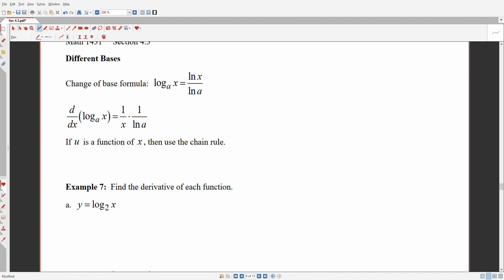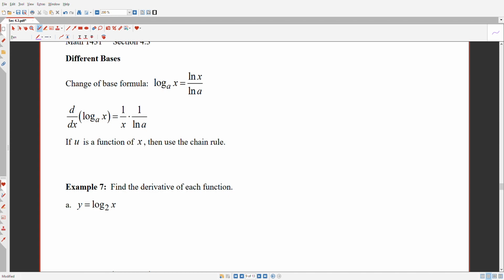Because finally we get, just like we did for our previous exponential section, we first told you how to differentiate e to the x. Then we said, and here's the formula for any a to the x. Similarly here, we said, okay, here's the formula for differentiating log base e of x, natural log of x.